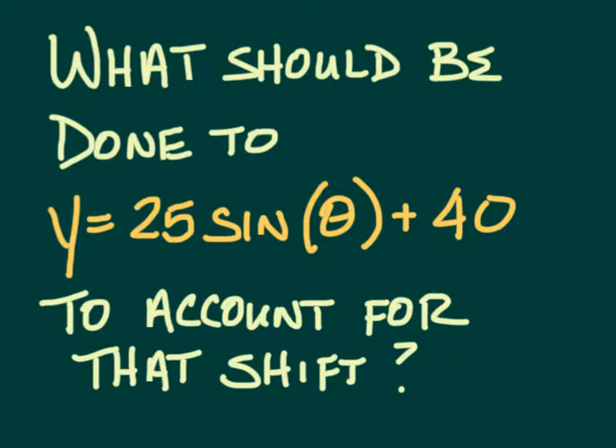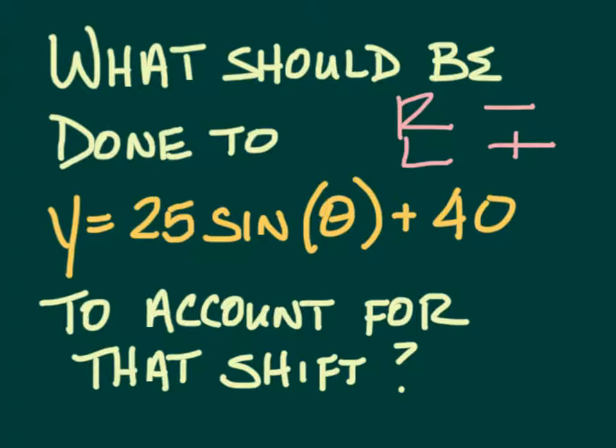So what should be done to y equals 25 sine theta plus 40 to account for that shift? And off camera we said that if we move to the right, then it's got to be a minus sign. If we move to the left, it's got to be a plus sign. So what goes in that quantity next to the theta?